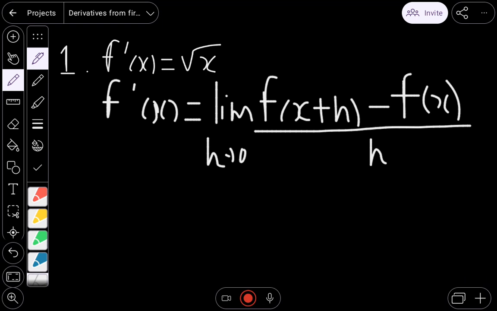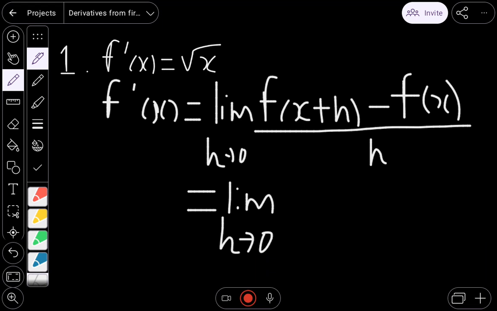So here it's not a problem, right? Let's just substitute here. Remember, we still write the limit when h tends to 0. Now for f of x plus h, remember where there is x in the original equation, you just substitute with x plus h.